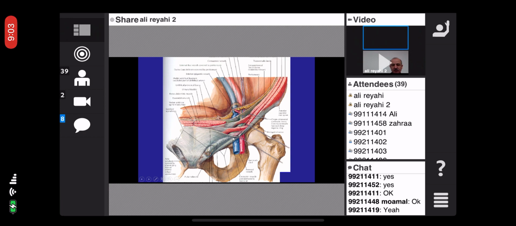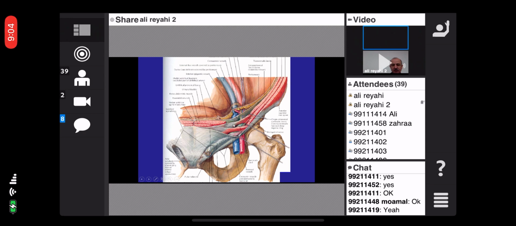That's called the cremasteric fascia. And you can see the internal oblique muscle forms the roof and some part of the anterior wall of the inguinal canal. And this is the transverse abdominis muscle.